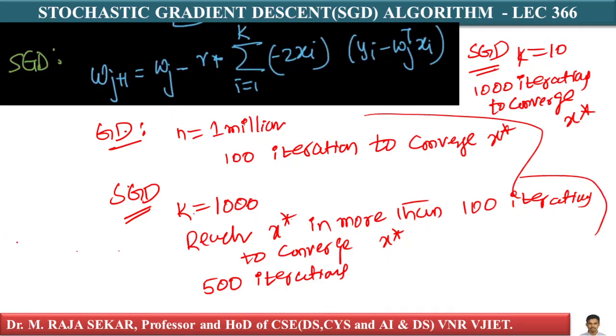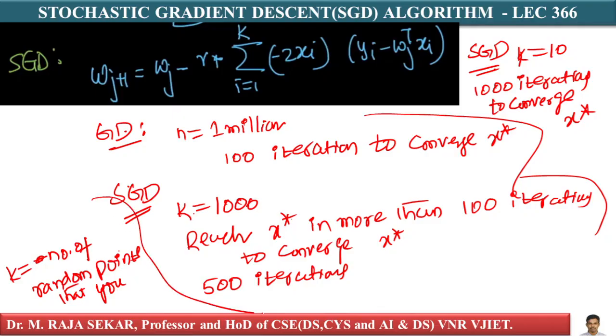What is k here? K is the number of random points that you pick in each iteration for updating. That is important.